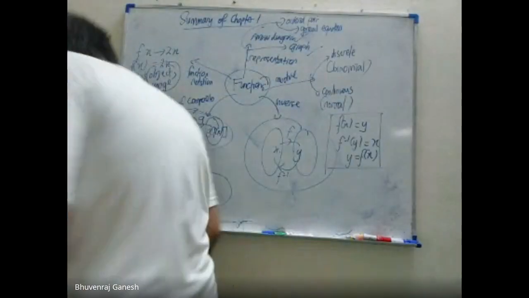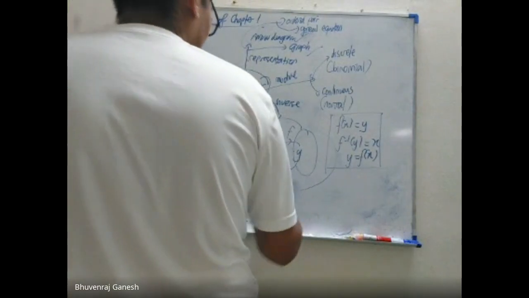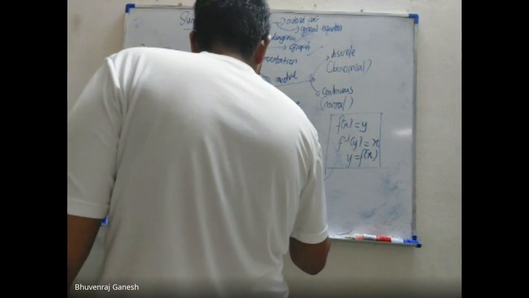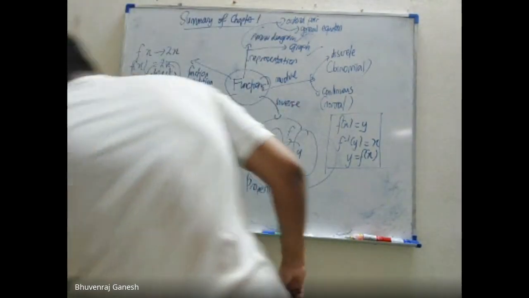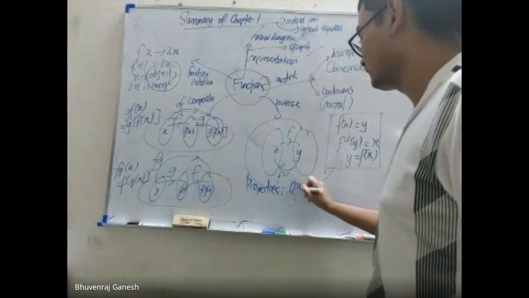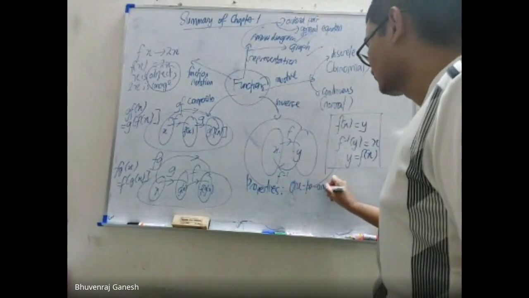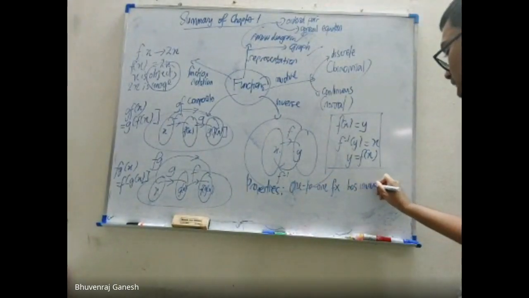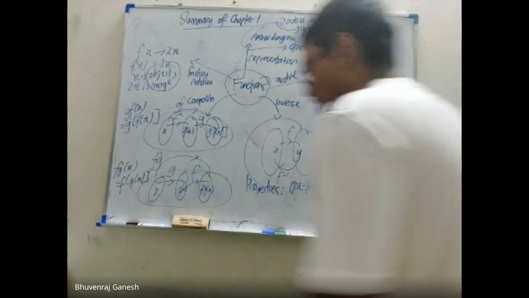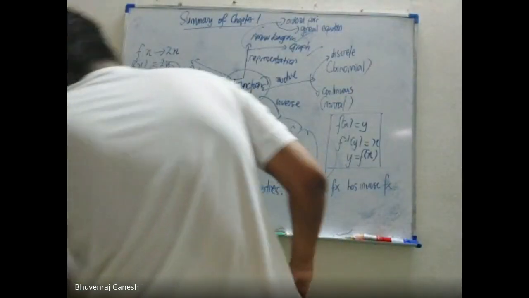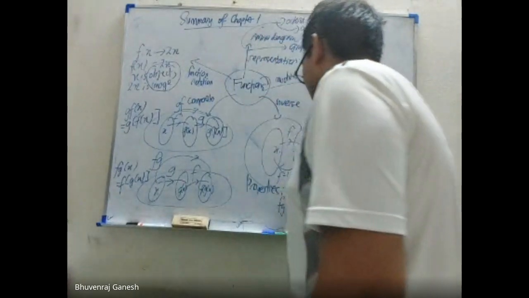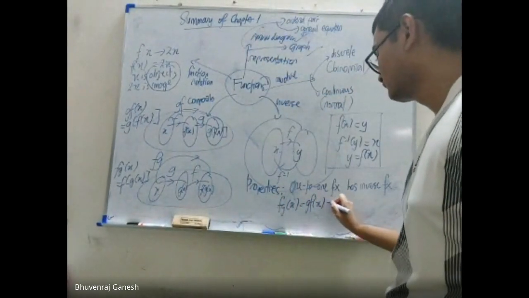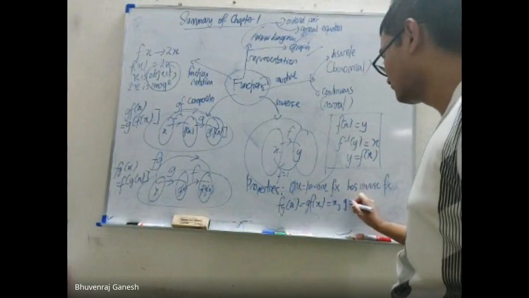And then the last thing, properties of inverse function, right here. How do we identify? It is only restricted to one-to-one functions which have an inverse function. Other relations will not have an inverse function. Another property: fg(x) equals gf(x) equals x means g and f are inverse to each other.